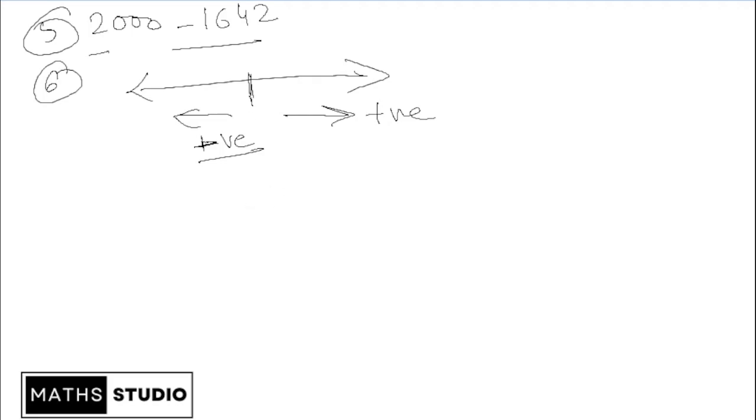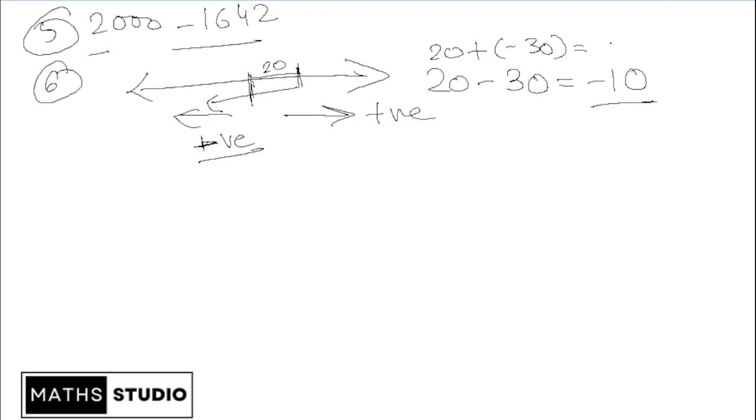So 20 on positive side and then the person travels 30 on negative side. So overall it would be 20 minus 30. That would give me minus 10. I should have shown it like this: 20 plus minus 30, which is equal to 20 minus 30, which is minus 10.